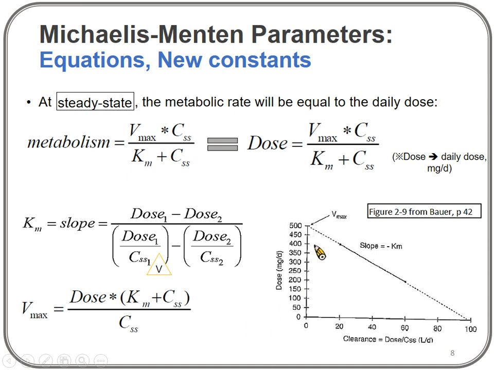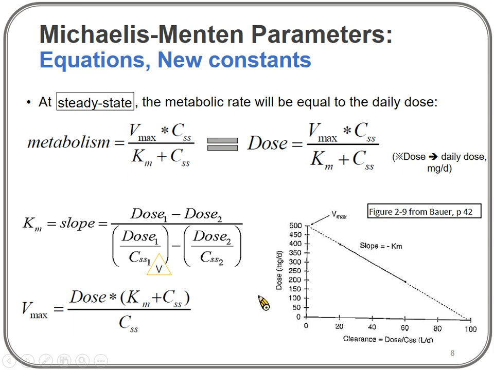So on the right corner, I listed the plot of the daily dose to the clearance. Here you can observe the Km is just the slope that adjusts the change in clearance when the daily dose changes, and the Vmax, vice versa, is just calculated as dose times the Km plus the concentration, divided by the concentration itself.